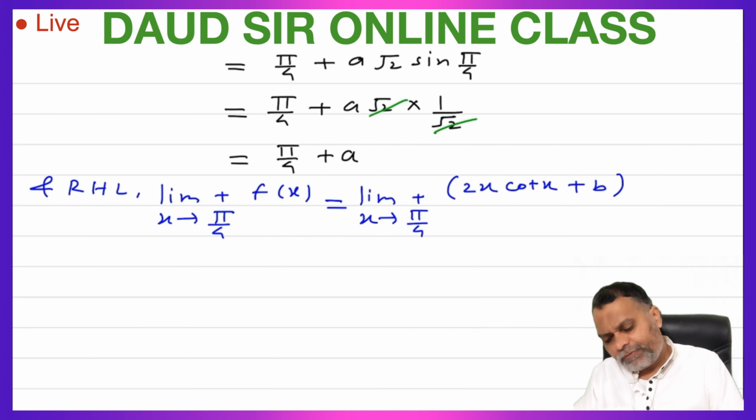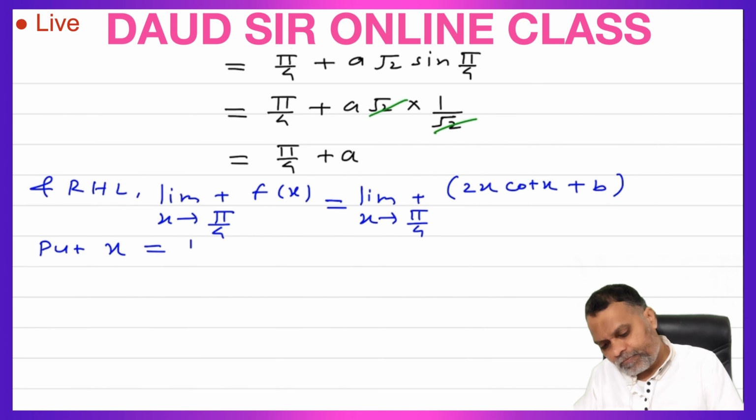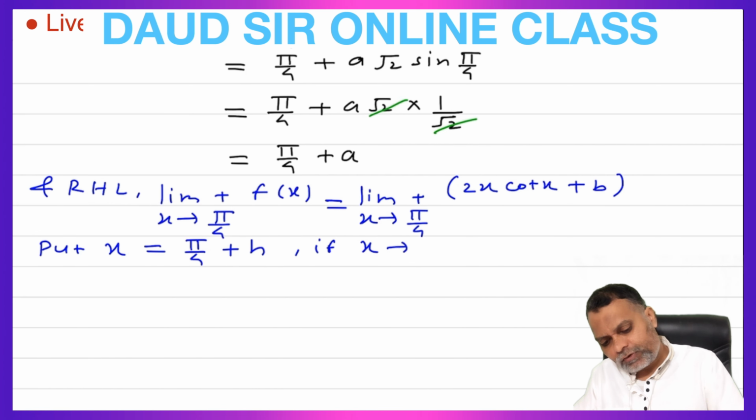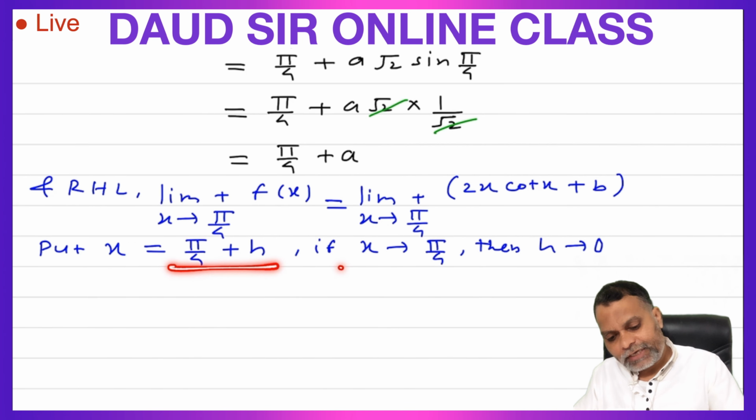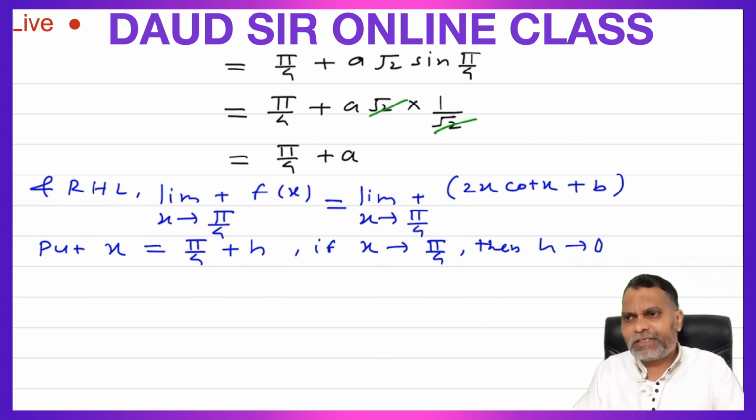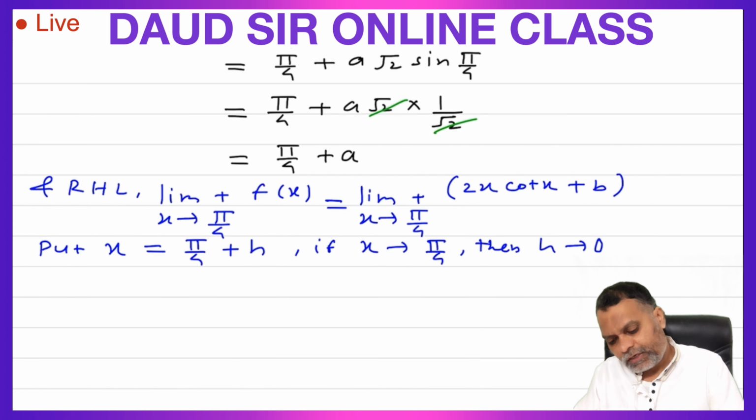For right hand limit we have to put x is equal to a plus h, here a is equal to pi by 4. So put x is equal to pi by 4 plus h. Change tends to: if x tends to pi by 4, then h tends to 0. How? Put this pi by 4 plus h here, pi by 4 gets cancelled, h tends to 0.